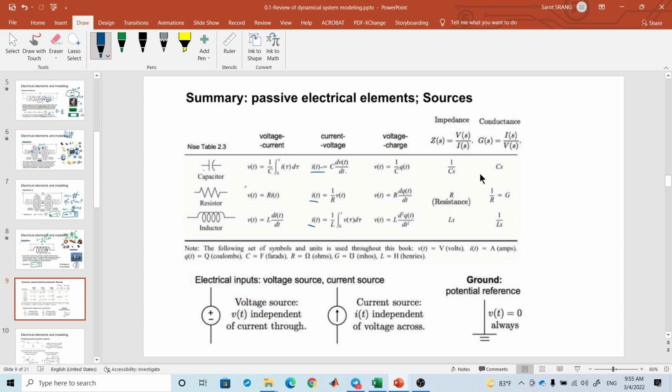Conductance is the inverse of resistance. If the resistance is big, conductance is small. Conductance means how much it lets the current flow. Conductance big means current flow big. That's why it's the inverse of resistance. It's just a term, right?